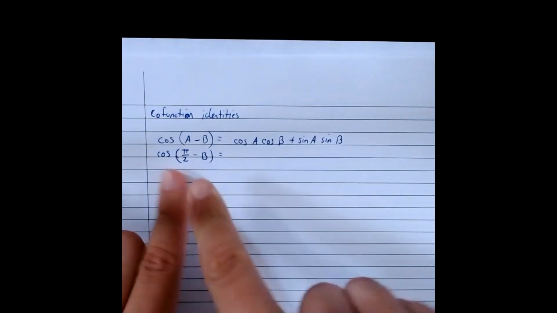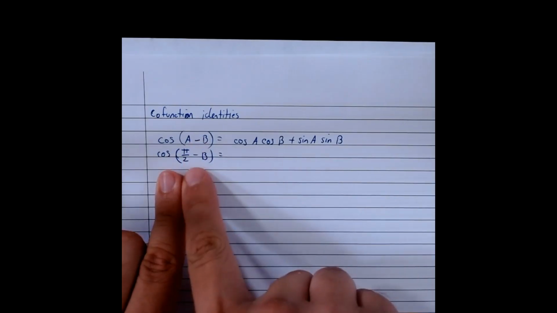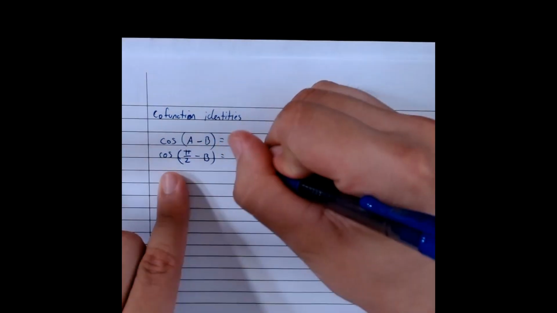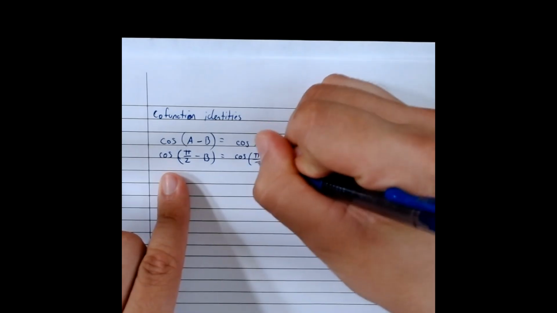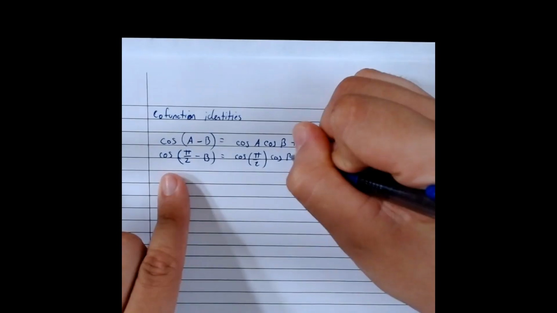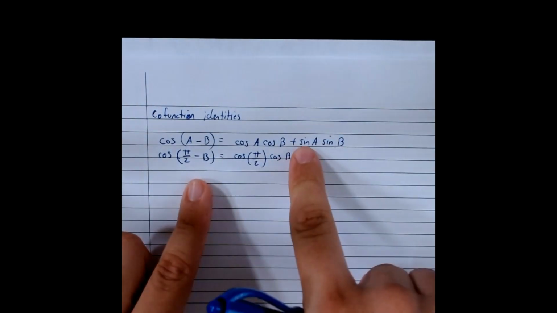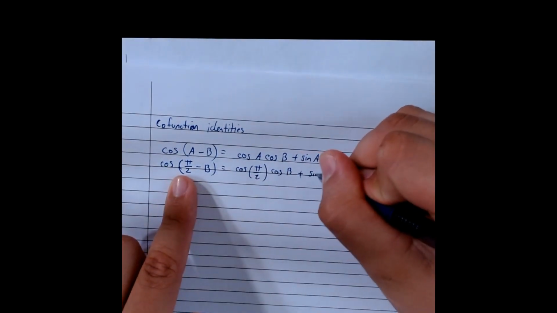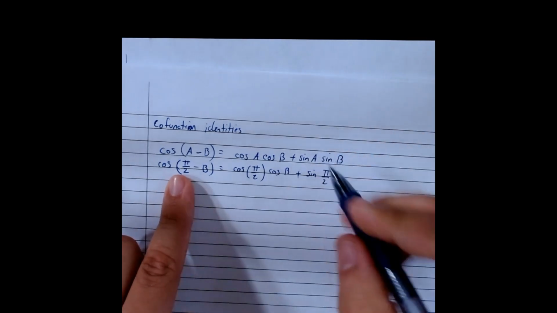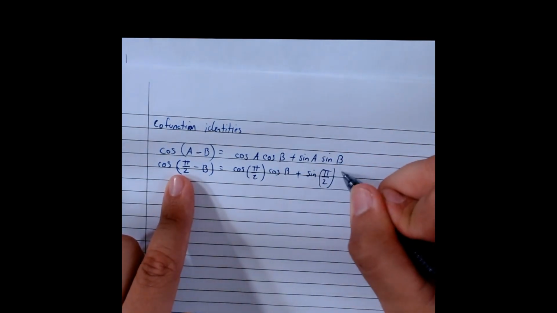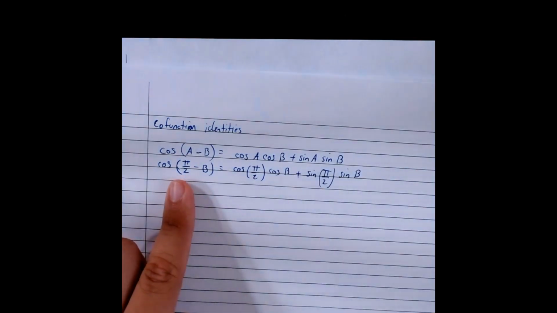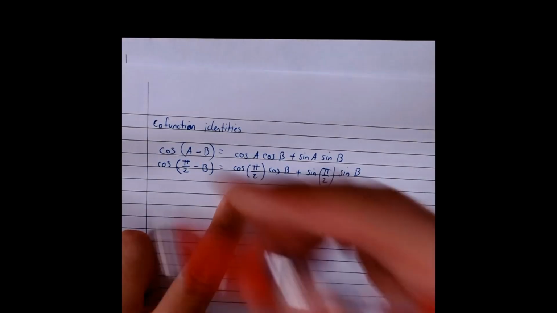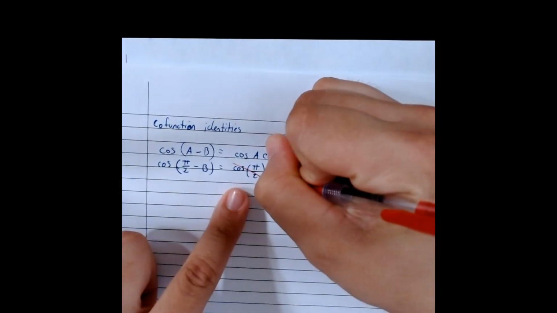So here, let's do that. I've substituted pi over 2 for A. So this will be cosine of pi over 2. I haven't changed B. And then here, sine of, again, I'm substituting A, that's pi over 2, and then sine of B. But again, the cosine of pi over 2, that's 0.